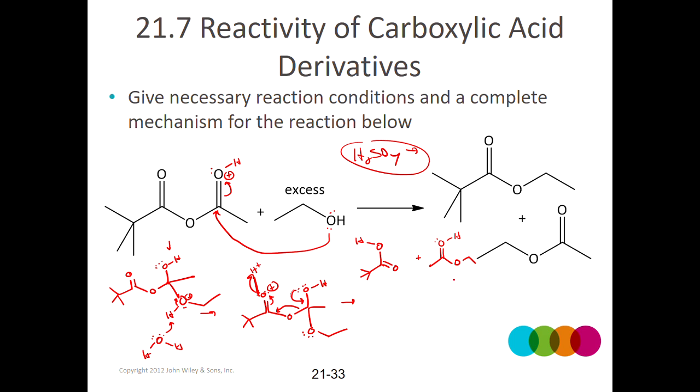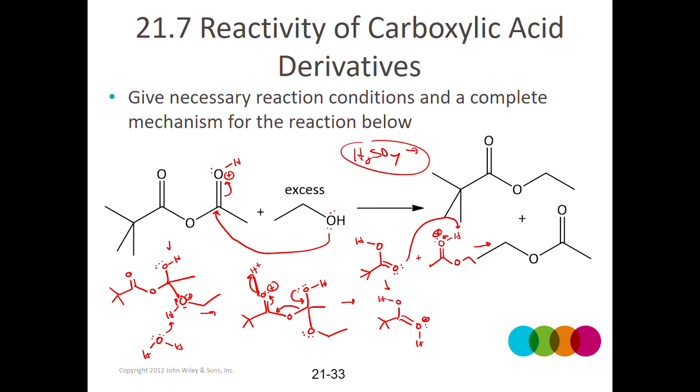All right, so what's going to happen next? Well, we've got a positive here now. Probably this will be deprotonated, and that will become one of my products. So I might expect this oxygen here maybe to pick up that proton. This one will become this product. This one will become protonated.